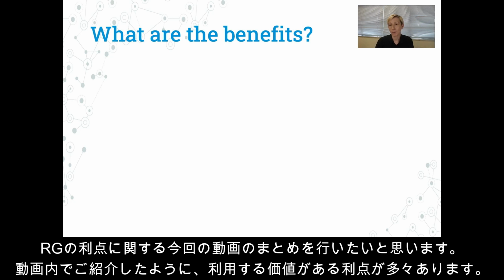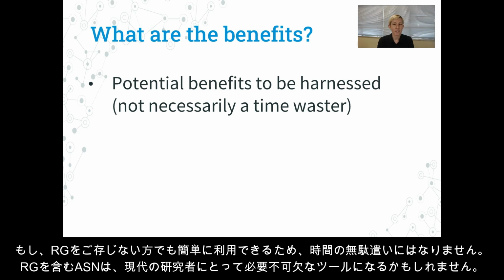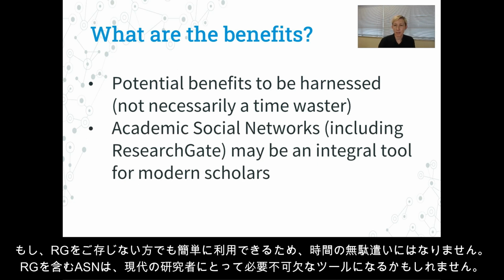So just to sum up this video about the benefits of ResearchGate, there are potential benefits to be harnessed. So it's not necessarily a time waster as some people may conceive it to be without this inside knowledge. Academic social networks, including ResearchGate, may be a really integral tool for modern scholars.